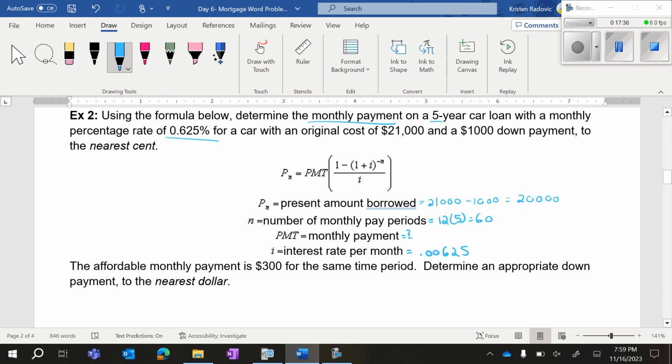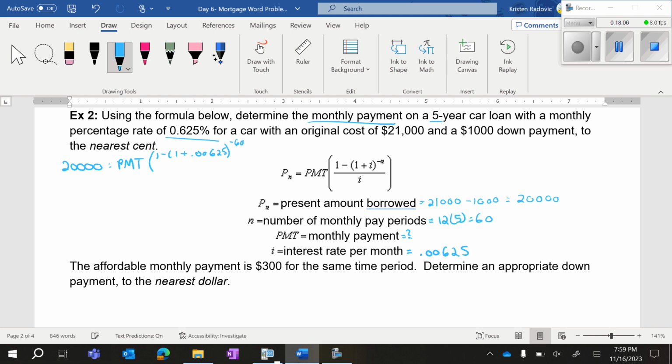And then we have this whole mess, which is 1 minus 1 plus I, which is 0.00625, to the negative n, which is 60, over 0.00625. Now, your goal is to get PMT by itself.